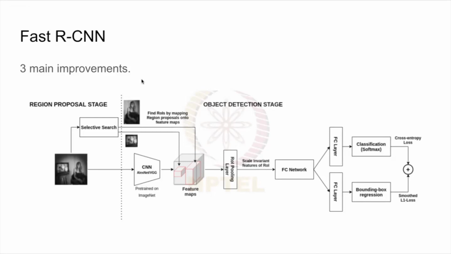After selective search, we get about 2,000 region proposals, and it's hard to pass 2,000 region proposals to the CNN and get the output, right? So what they did is they mapped the region proposals directly to the feature map.